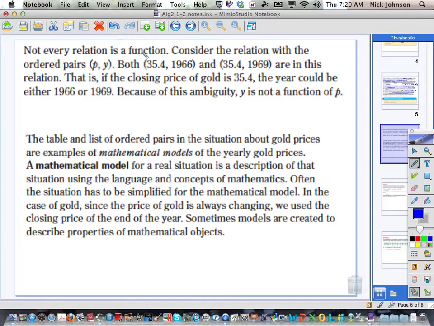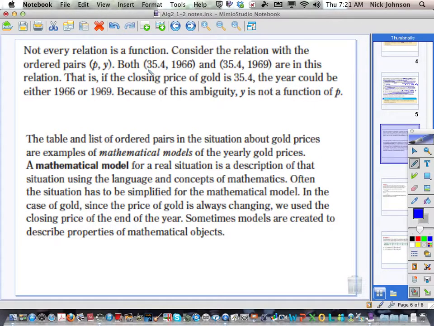Not every relation is a function. Remember, everything's a relation, but it doesn't always have to be a function. It says consider the relation with the ordered pairs P comma Y. So this is where our cost was first and our years were second. Both 35.4 comma 1966 and 35.4 comma 1969 are in this relation.